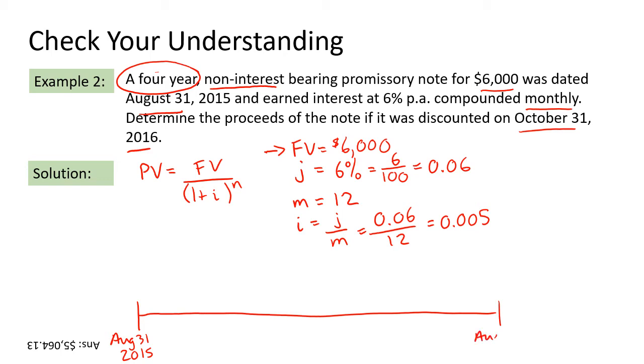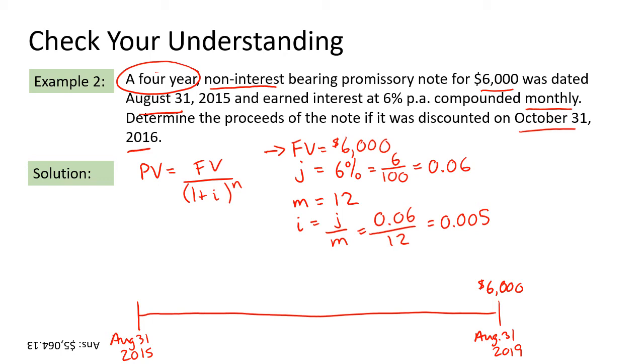So 4 years from then would be August 31st, 2019. Now that August 31st, remember, since this is non-interest bearing, is when the $6,000 is equal. If you waited until 4 years from when this note was initiated, you would have to pay that full value of $6,000. But they're paying it back at a different time.